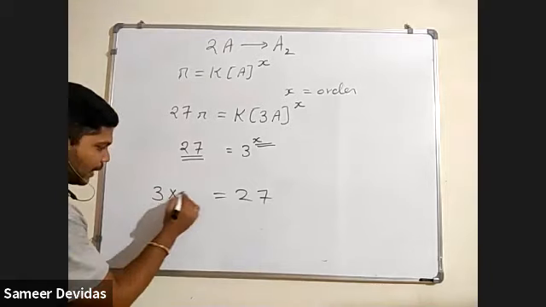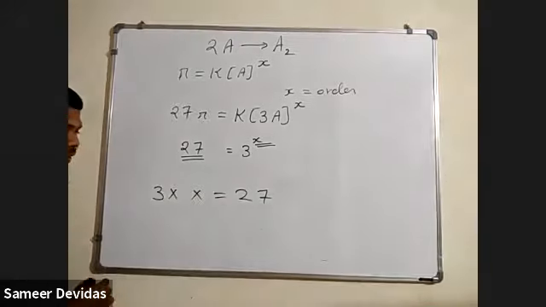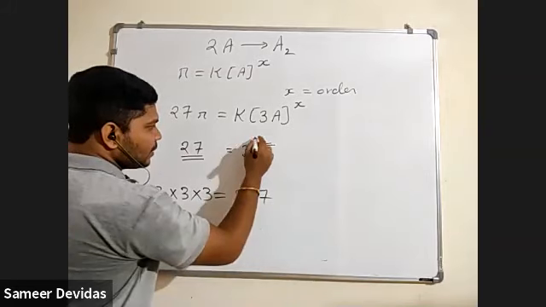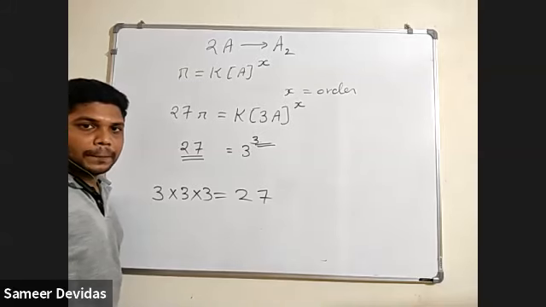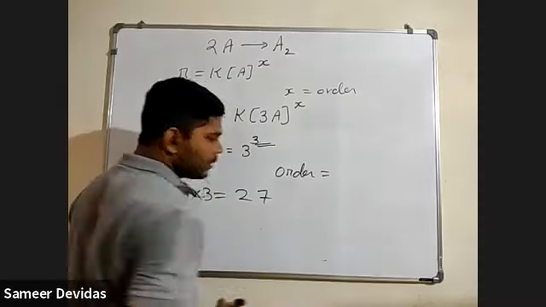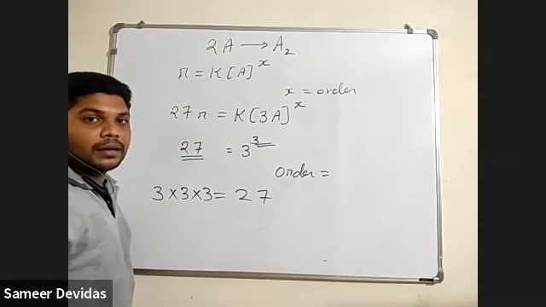So how many times are you going to multiply the 3? 3 times, no? So that means X here is 3. All have understood? What is the order in this case? 3.